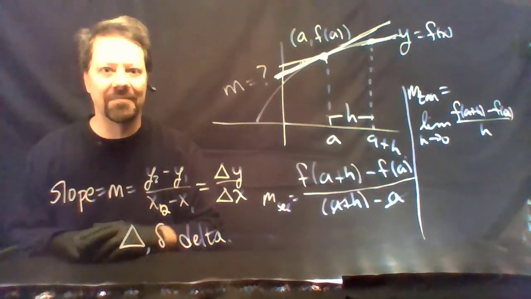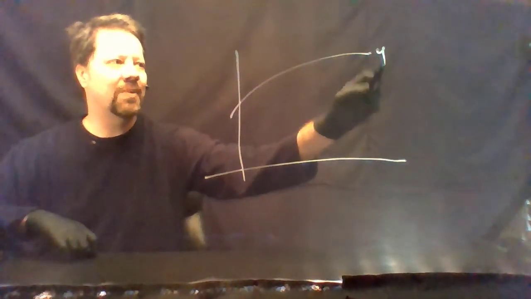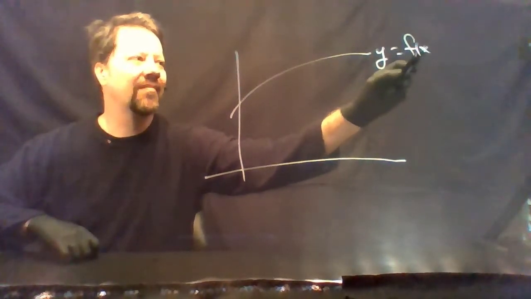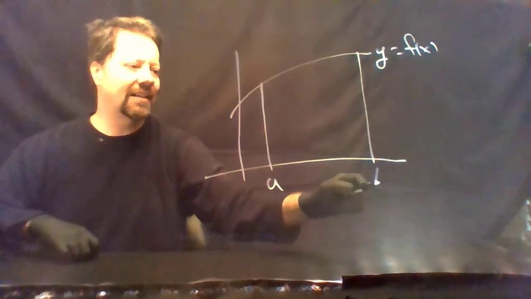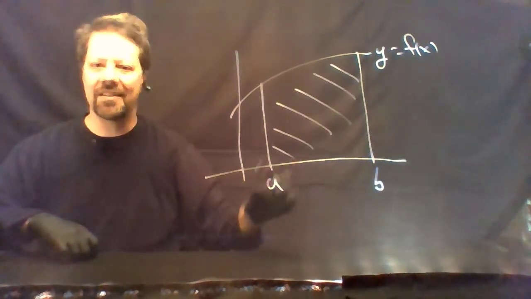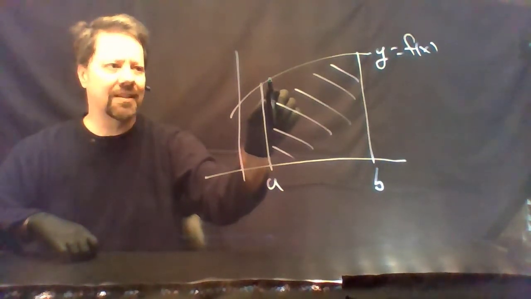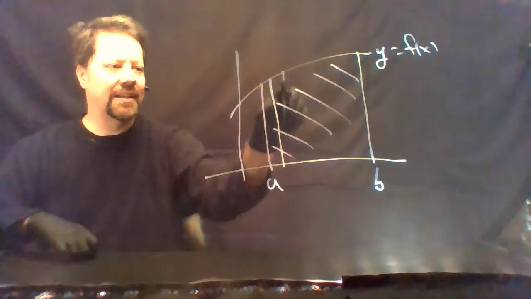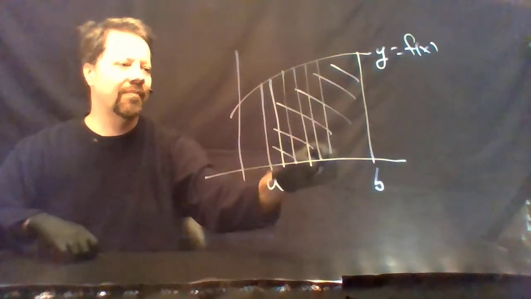Now, our other problem. The other problem is area finding. So the idea goes like this. Suppose we have some function, and between points x equals a and x equals b, we would like to find the area of the undergraph. This too will involve a limiting process. We'll start by dividing the region up into little vertical strips.